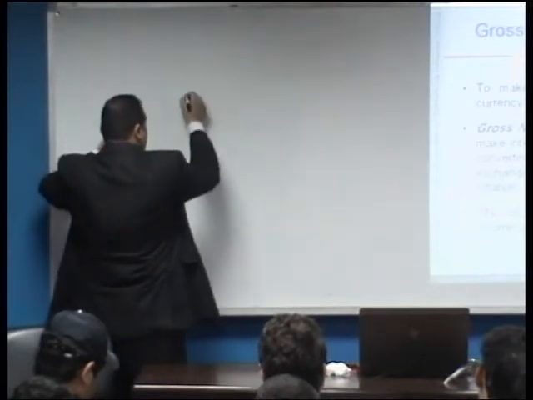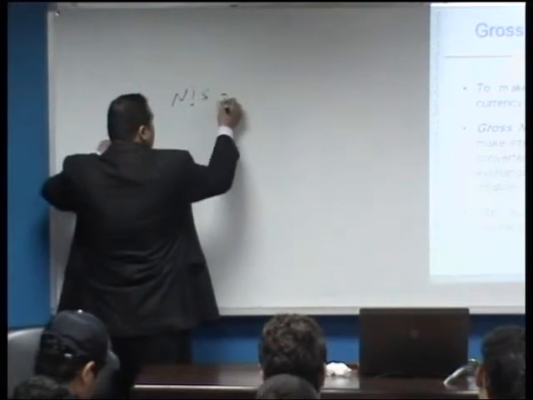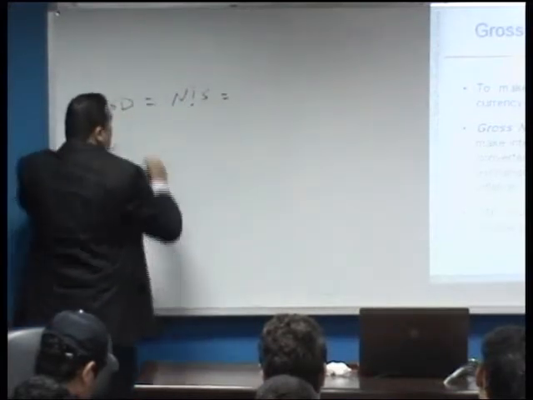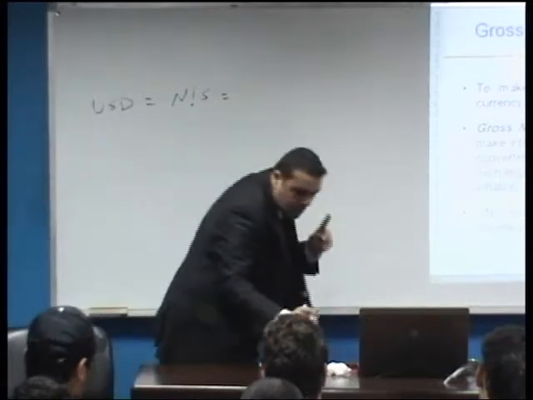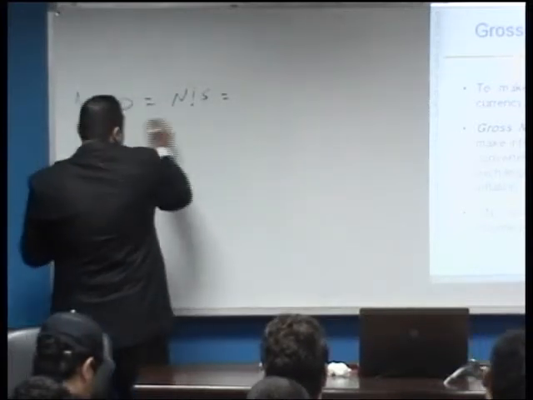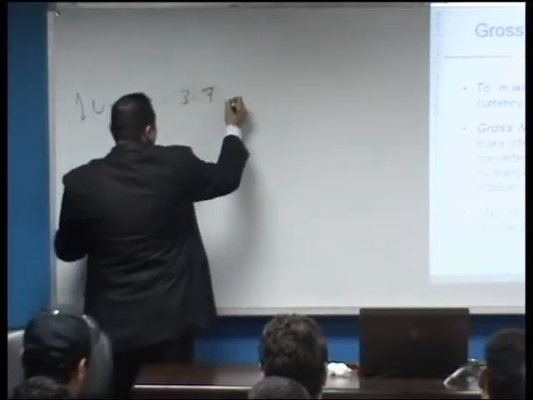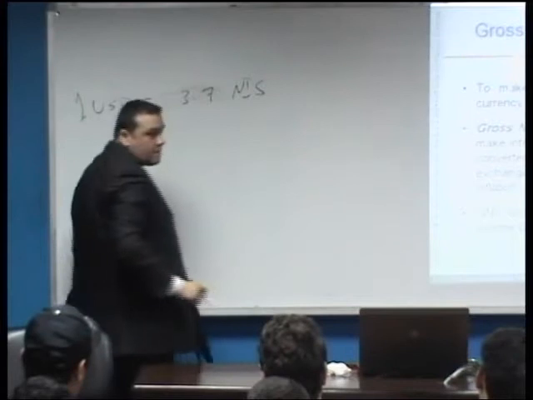Suppose 1 US dollar equals how many shekels? 3.75. 3.7 new Israeli shekel, right?